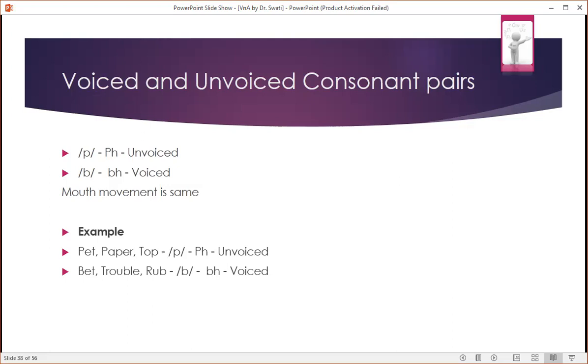Trouble, rub. So if you see your mouth, bat, paper, top, or bat, trouble, rub, the mouth movement you will see is almost the same, but one is unvoiced and one is voiced. Here the airflow is there, here the airflow is voiced. So let's see more pairs and their examples.